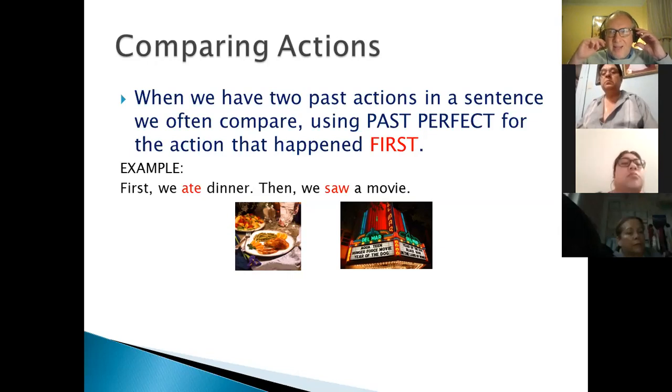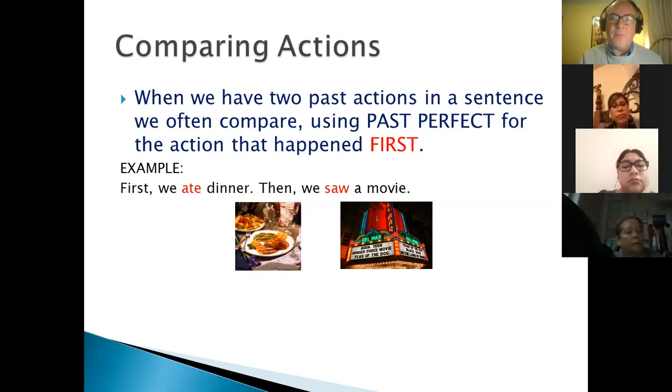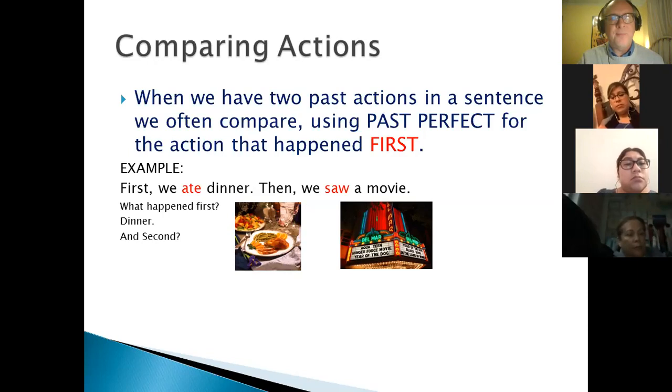First, we ate dinner, then we saw a movie. Well, we can do that in level 2, right? Those are just two simple past verbs. No problem. What happened first? Dinner. Second? Movie. So let's compare.